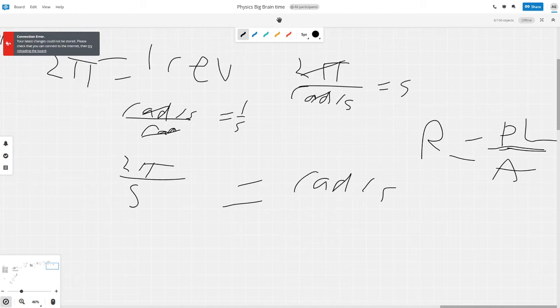Oh, okay. So it's like the actual speed of the electrons, if that makes sense.